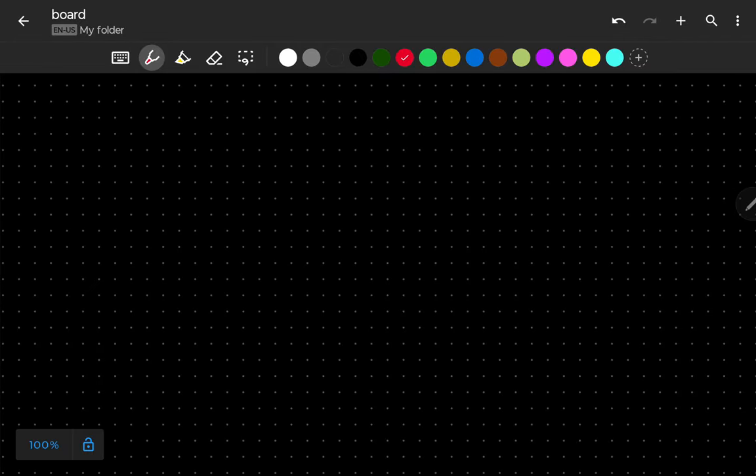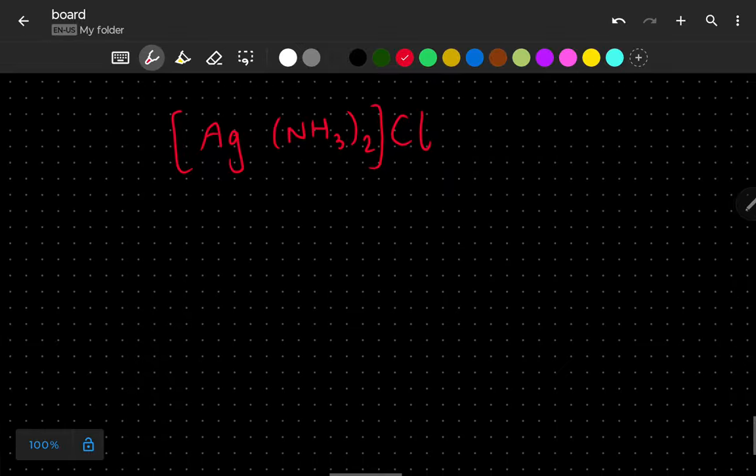Another compound, [Ag(NH3)2]Cl. Wait for a minute. So we have this one compound.